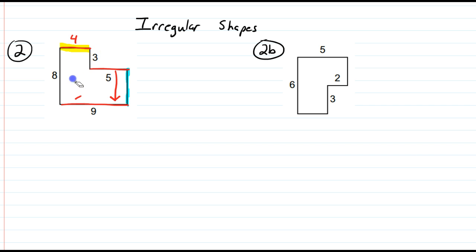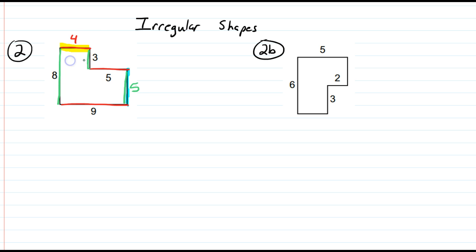And so we're going to use the same logic. This side plus this side has to equal 8. So if we were to slide this down, it should land right on top of the 8. So 3 plus what is 8? And so that's 5.